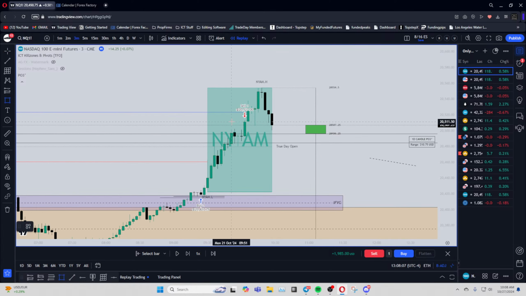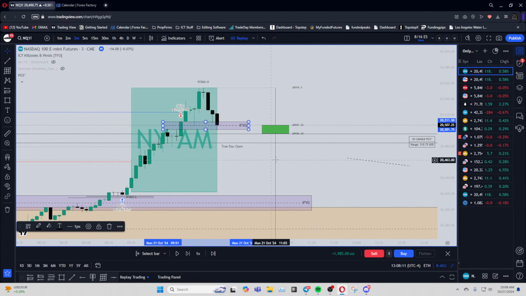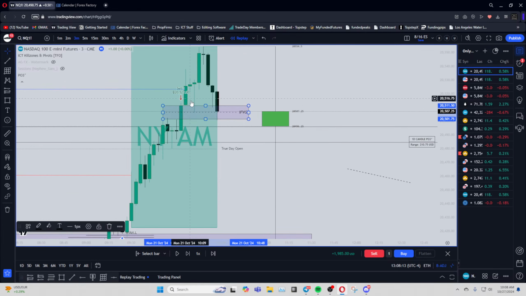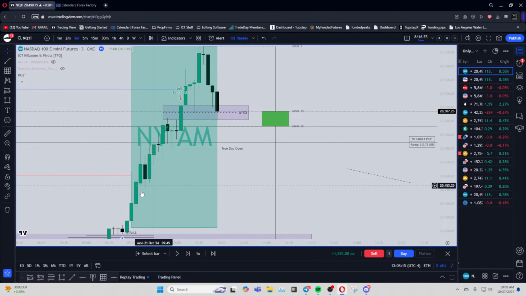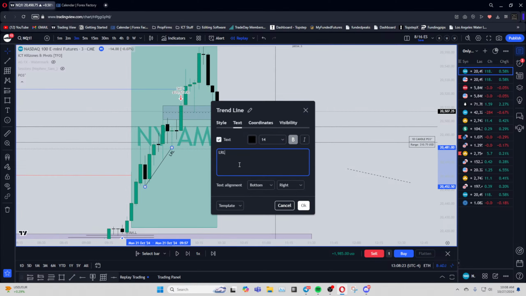Okay, so something I noticed right here, we actually have these two fair value gaps right here. We have no fair value gaps in here. This is known as a low resistance liquidity run.